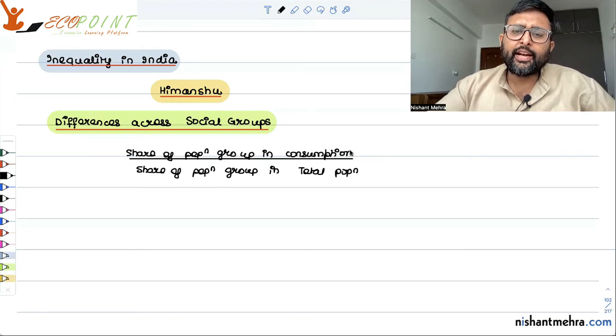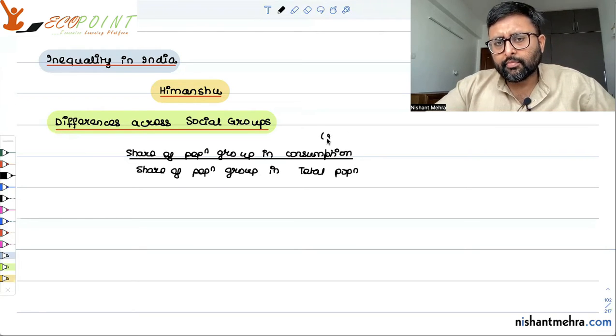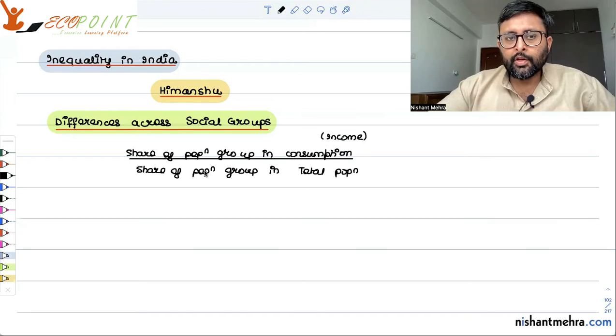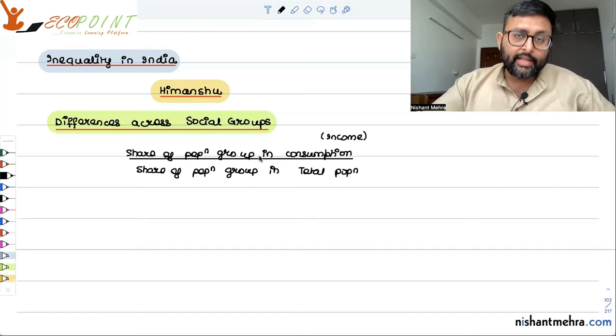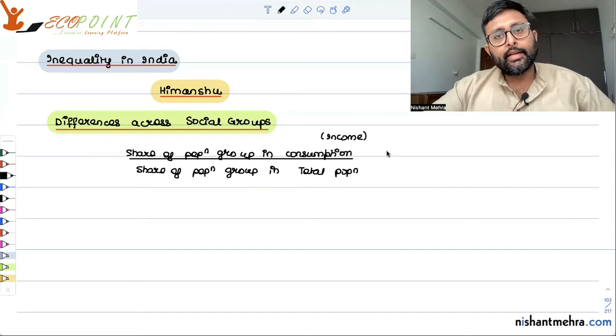So whether I write consumption or income, whichever inequality you want to look at. If the share of, let's say, SCs in the total consumption is equal to the share of their population in the total population, then there is no inequality.